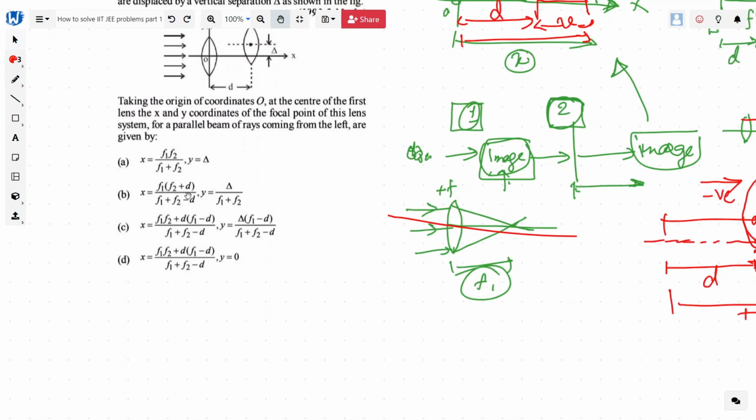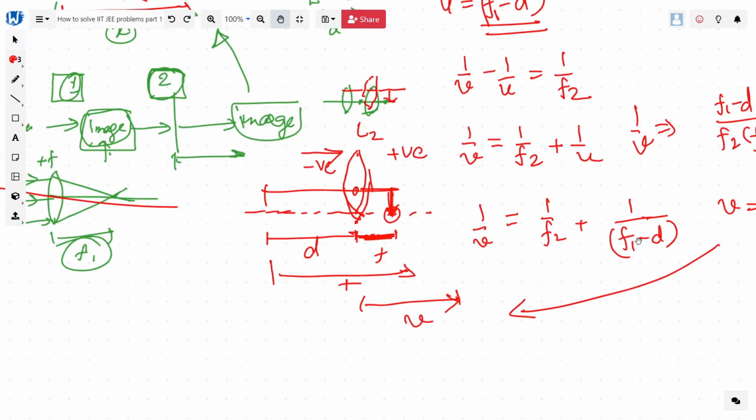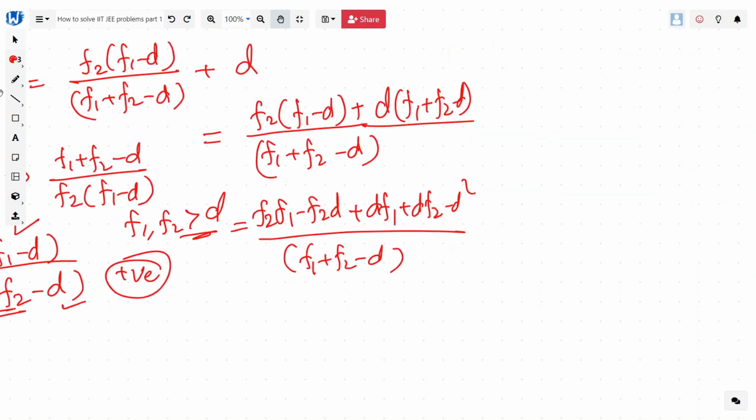So we are still not there. If we find the top one, we will be able to eliminate. So we already eliminated A, right? So A is not going to be there. Now let's move on and find the exact answer. So in here, f2 d, this one will cancel.